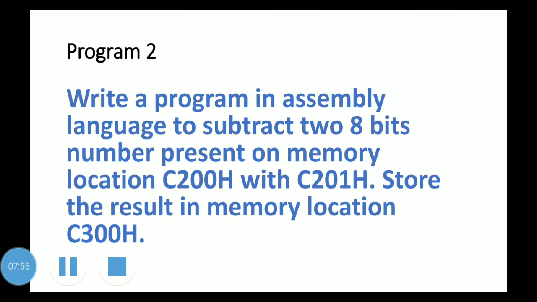Let us start doing the program. We have two locations, C200H and C201H. They will be subtracted, and the result will be in memory location C300.